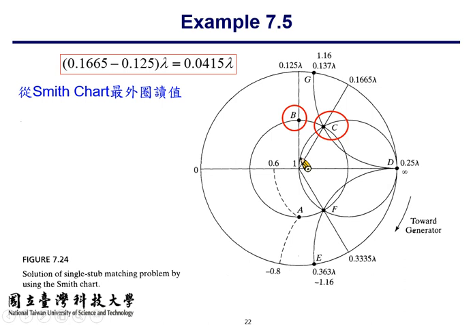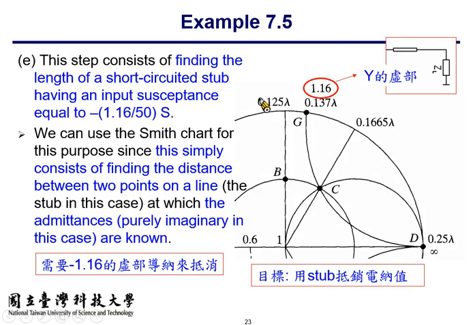0.363 minus 0.25, okay? So as you can see from here, the imaginary part viewed from point C should be cancelled by connecting a short-stopping shunt. The required susceptance is minus 1.16.